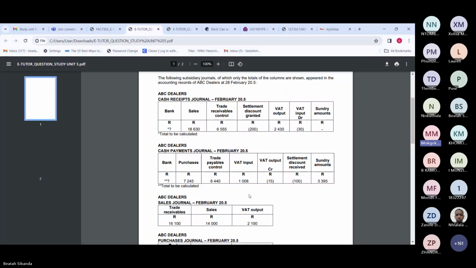They must not worry about why the VAT input is not calculated on purchases, for example. This is a given scenario. Oh, okay. Thank you. So now I get it. Okay, thank you so much.